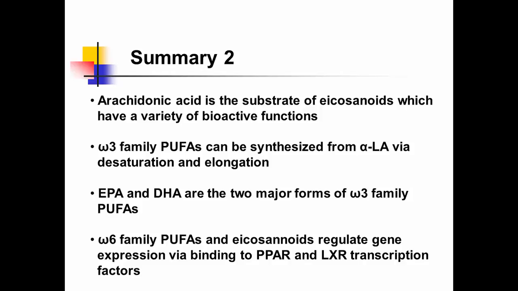And the omega-3 family can be synthesized from alpha-linolenic acid, again through the same reactions of desaturation and elongation. EPA and DHA are the two major forms of the omega-3 fatty acid family. And the eicosanoid synthesized from EPA has an anti-inflammatory function, right?